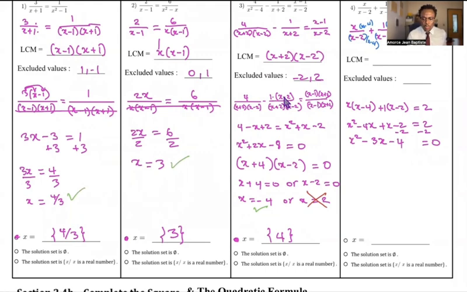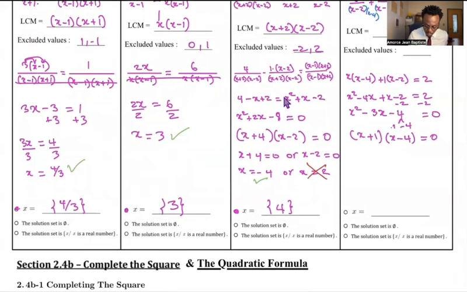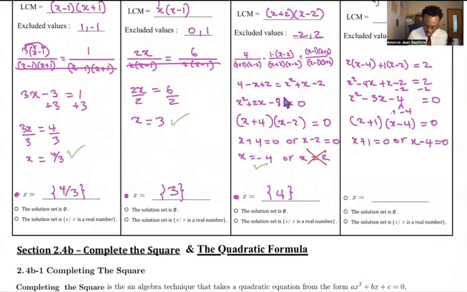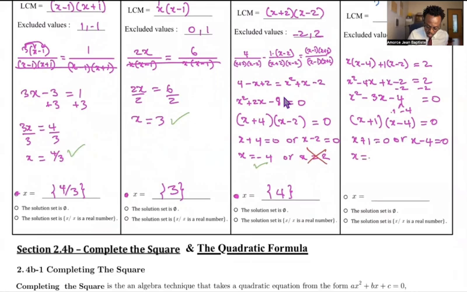And now we can factor this expression. Basically that's going to be 1 and negative 4. So x plus 1 times x minus 4 equals 0. So x plus 1 equals 0, or x minus 4 equals 0. And then x equals negative 1, or x equals 4.